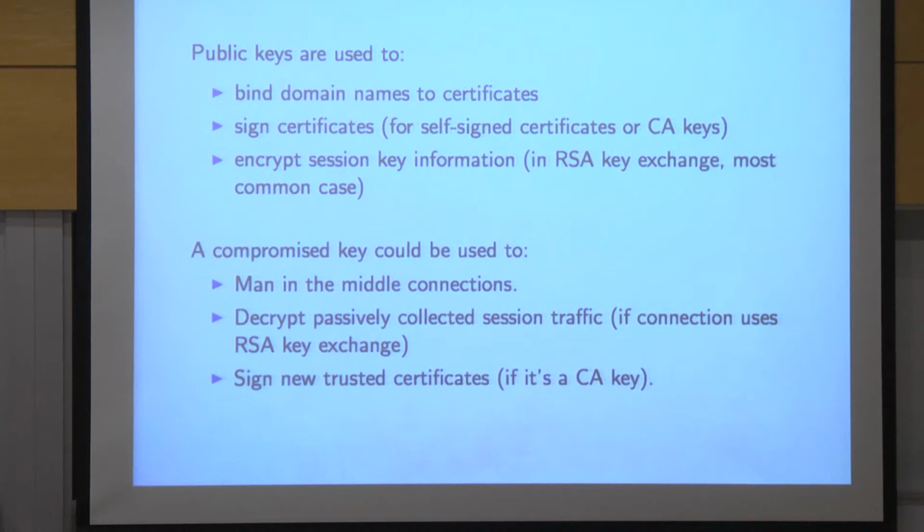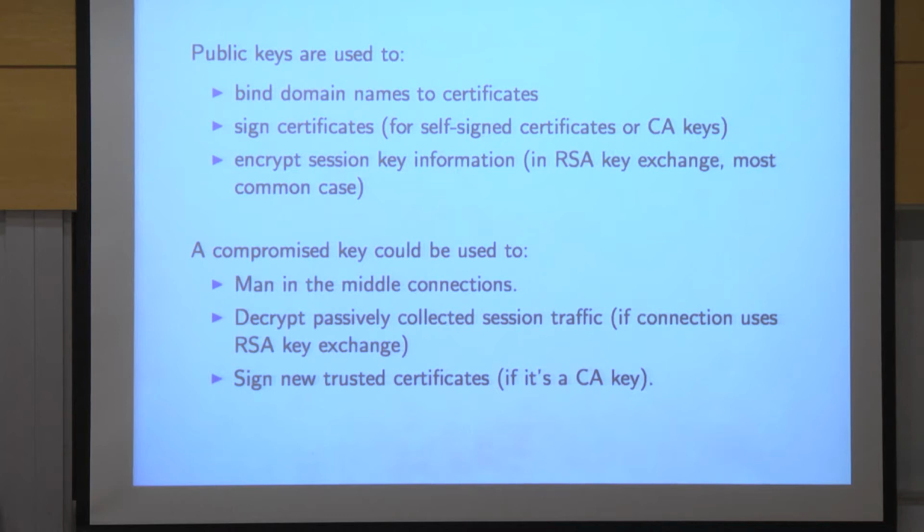This is the most common case. And this means that if we compromise some HTTPS keys, they could be used to man-in-the-middle connections, because someone with a private key for a TLS certificate would be able to sign the session just as if they were the real server.